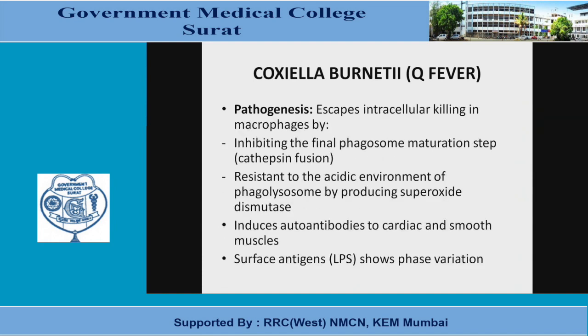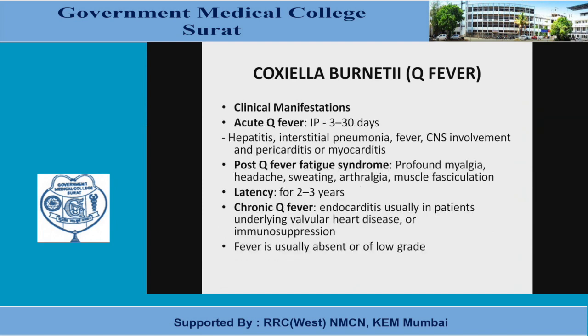It escapes intracellular killing, resides inside the phagolysosome, resists the acidic environment of the phagolysosome, induces autoantibodies to cardiac and smooth muscle, and the surface antigen shows phase variation. Clinical manifestations: acute Q fever is generally 3 to 30 days, with hepatitis, interstitial pneumonia, fever, CNS involvement, and pericarditis or myocarditis.